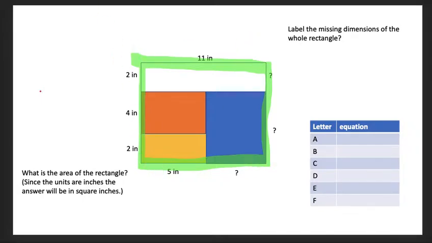We already know what this side is. We have 2 inches that represents this white side. And let me erase this highlighted part.